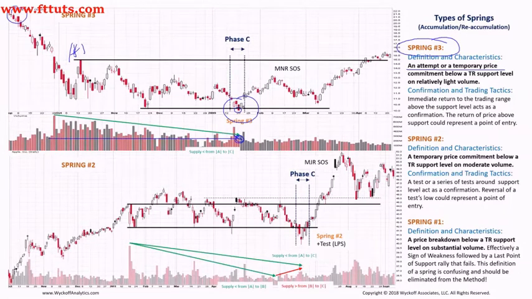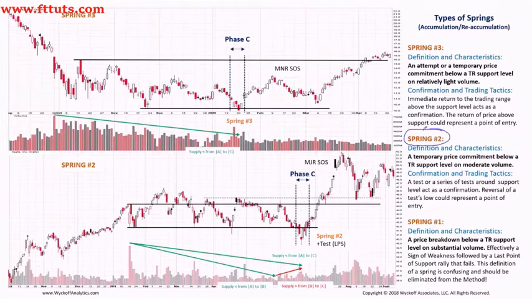And it only temporarily commits, the next day comes back into the trading range. So this is how sprint number 3 would look. Sprint number 3, we would buy on the return into the trading range. By itself, a return into the trading range would be defined as the first point of entry for us.